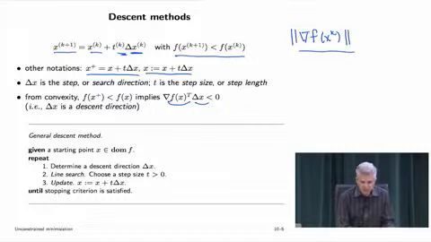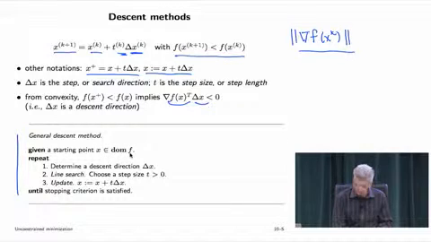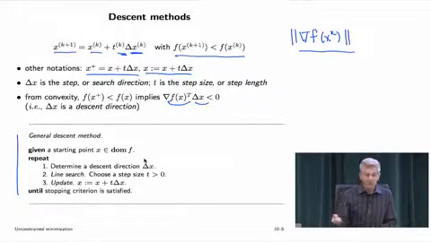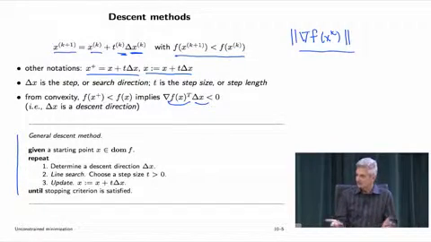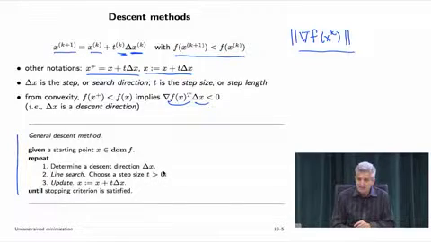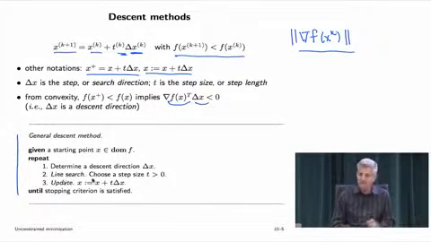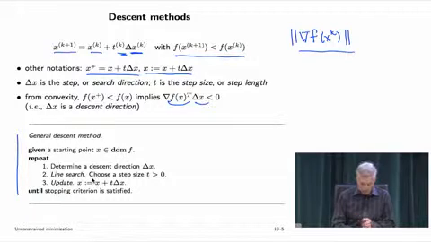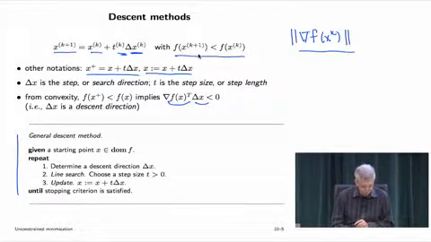So here's a generic scheme. It's a gradient descent method, and it looks like this. You're given a starting point in the domain, and at each step you determine a descent direction. Now we have to instantiate that to make this a real algorithm. So this is like a prototype, right? It says you find a descent direction. We're going to see tons of ways to do that. Okay. Then you do a line search. Again, tons of ways. But you have to choose t so that this holds up here, and possibly some more, right?